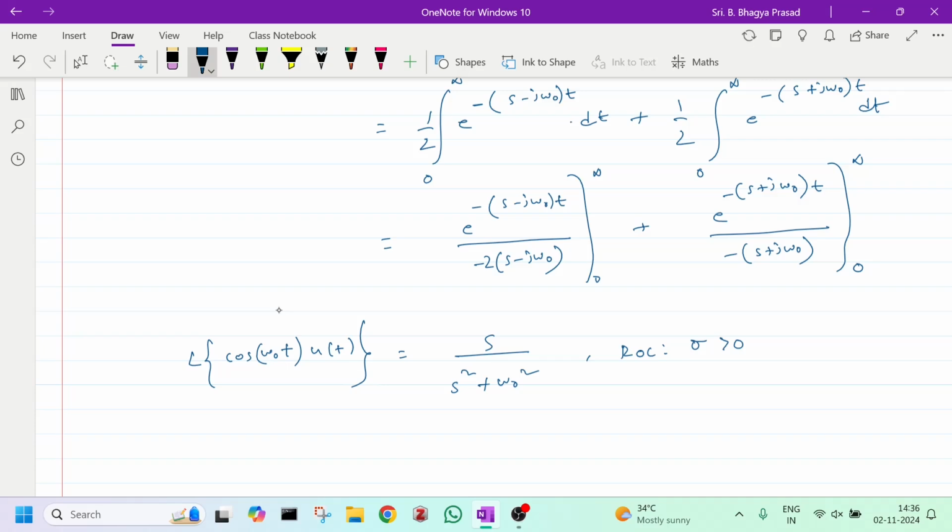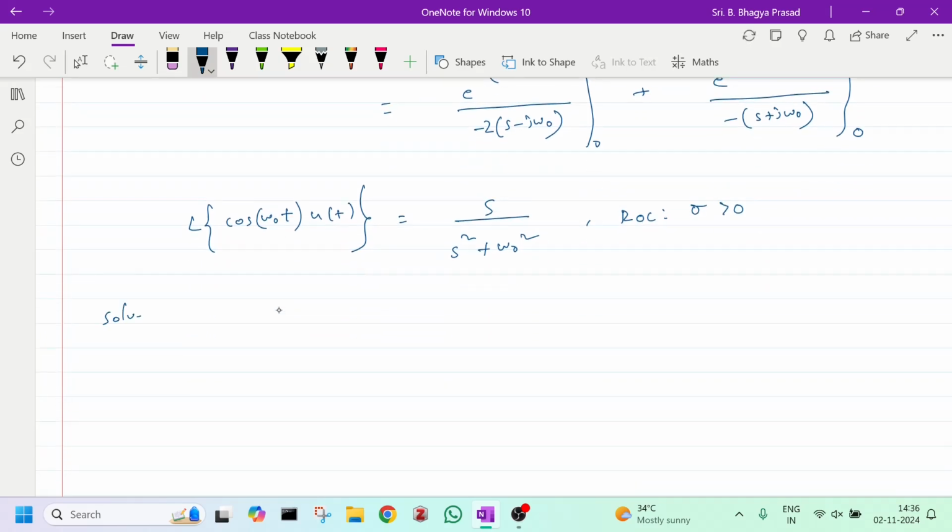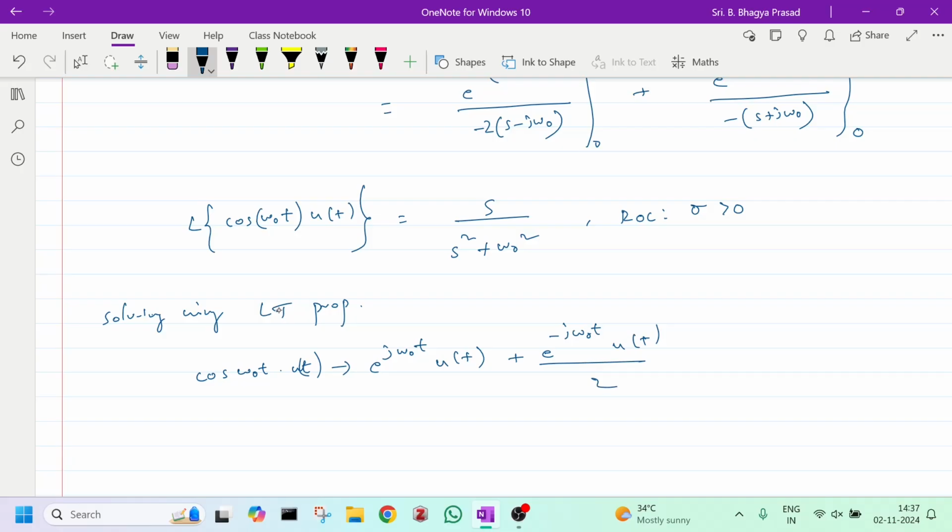Okay, now let us solve this using the Laplace transform properties. I am writing cos omega naught t u of t as e power j omega naught t u of t plus e power minus j omega naught t u of t, like this.